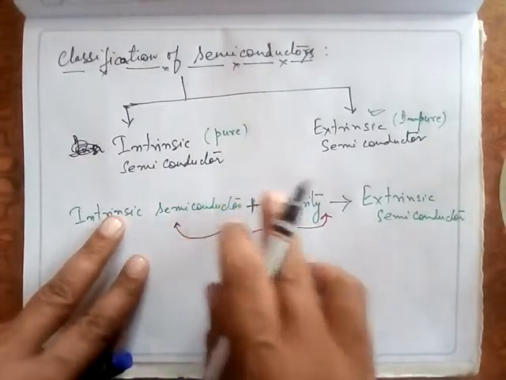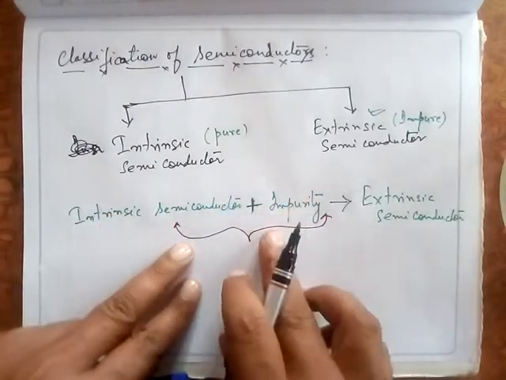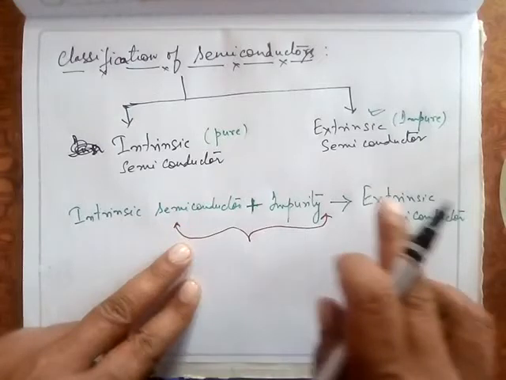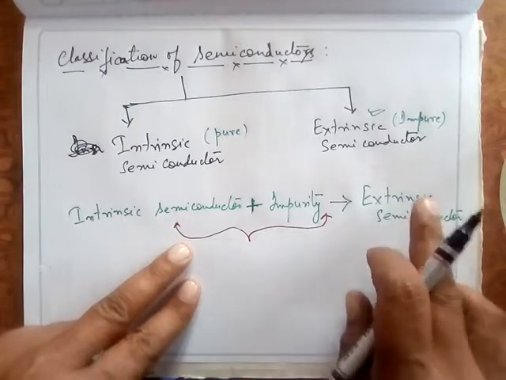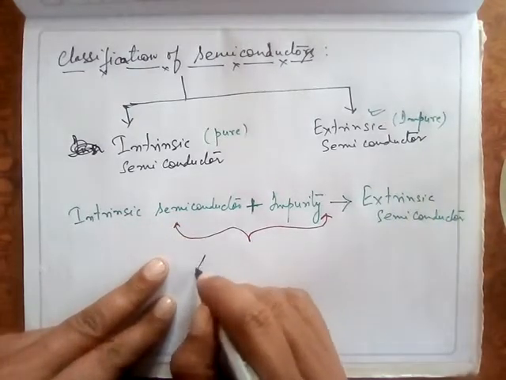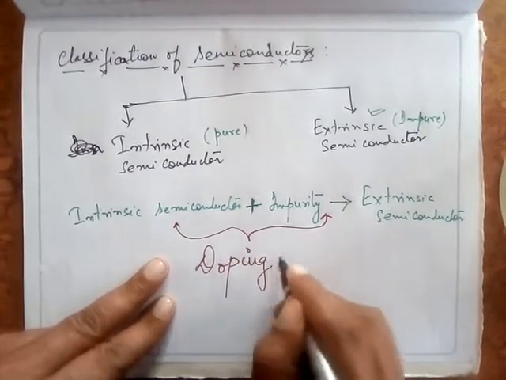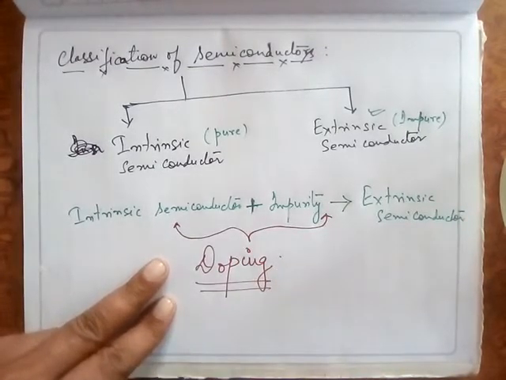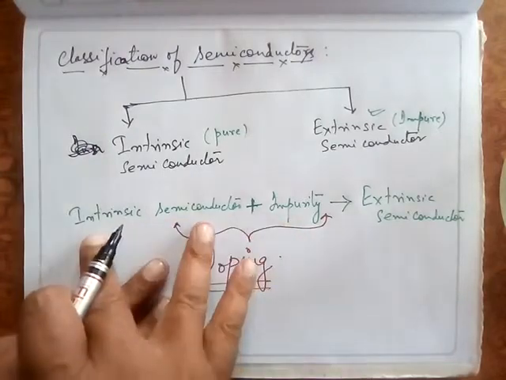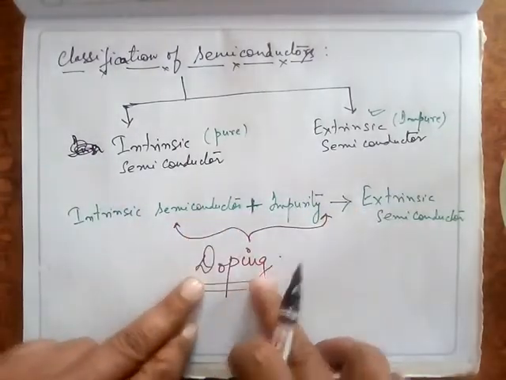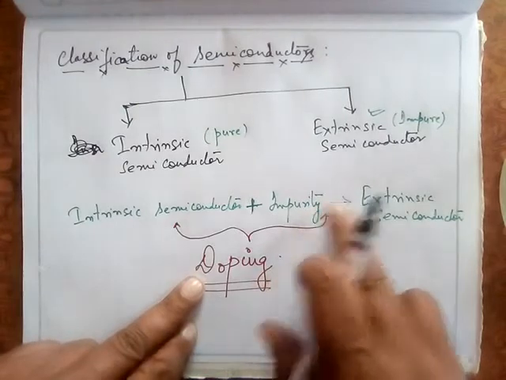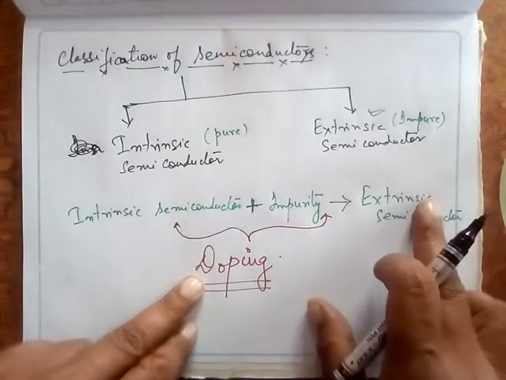This process of adding an impurity to the pure semiconductor in order to make it an extrinsic semiconductor is known as doping.